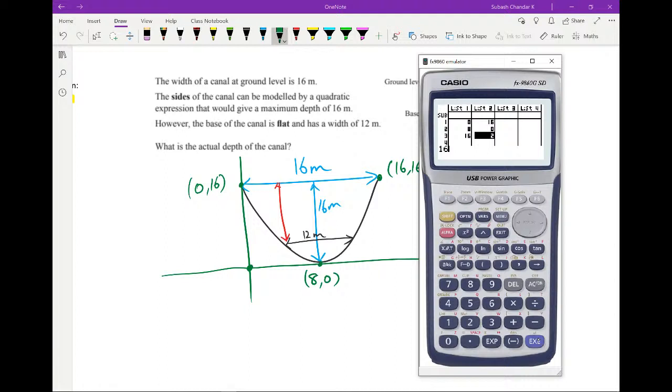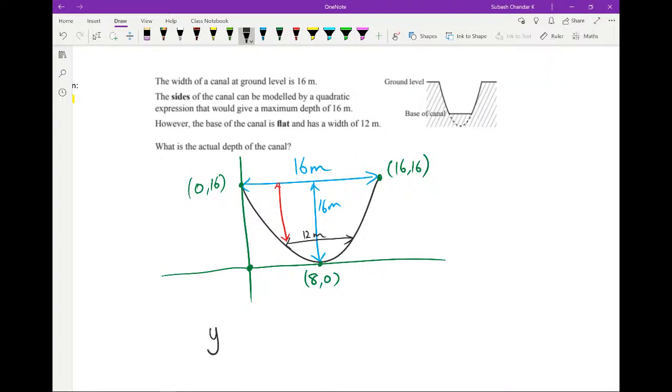Graph, calc, and we got x squared. So that's what our equation is going to be: y is equal to 0.25x squared minus 4x plus 16. So now that's the equation, right?